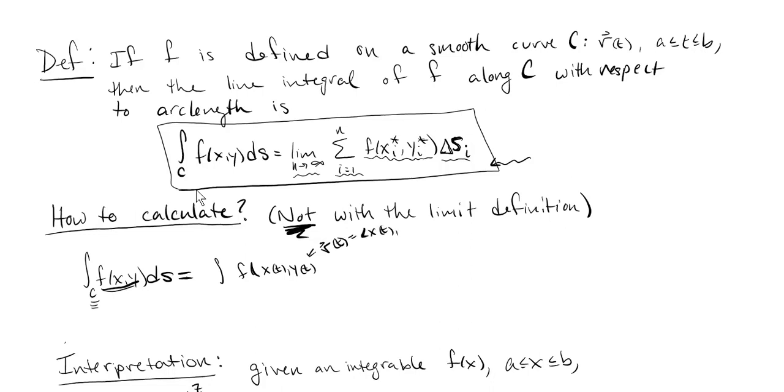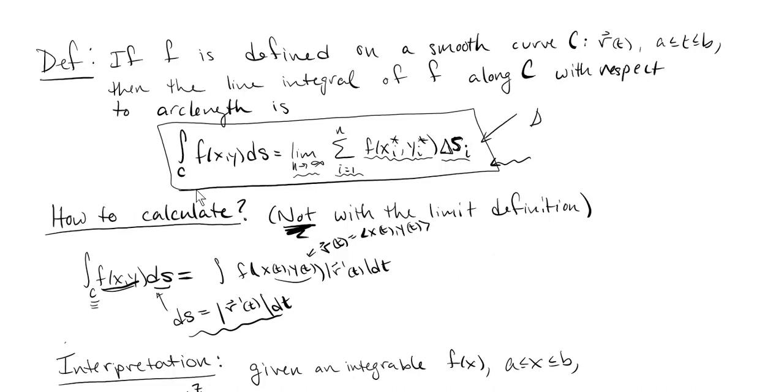That parameterization has x and y components, x of t and y of t. So we'll evaluate our function at the parameterization, then multiply by ds. Now what is ds? Remember, we actually saw this in the arc length section. ds is the magnitude of r prime of t dt. So we can just put that here. That's a nice little fact. You might see that from this up here.